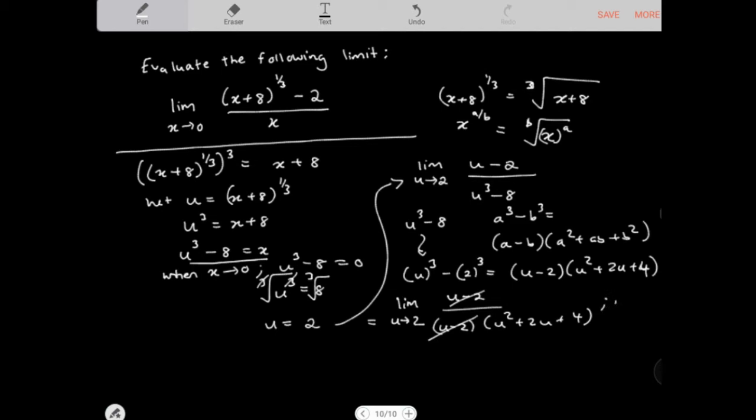So now I'm going to let u approach 2, and you get 1 over 2 squared plus 2 times 2 plus 4, which is 1 over 4 plus 4 plus 4, which gives us 1 over 12. So as x approaches 0, this expression approaches 1 over 12. We just created an equivalent expression to show that.